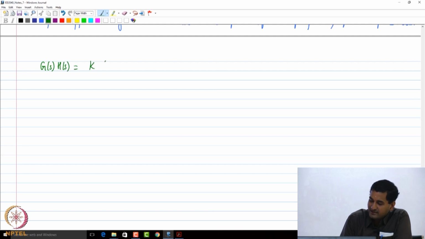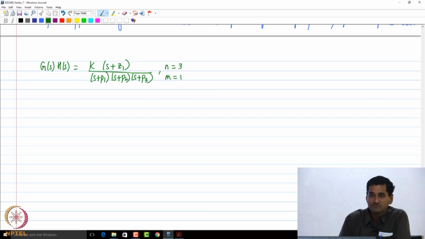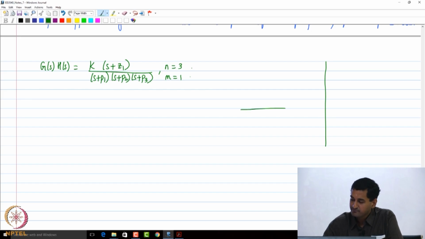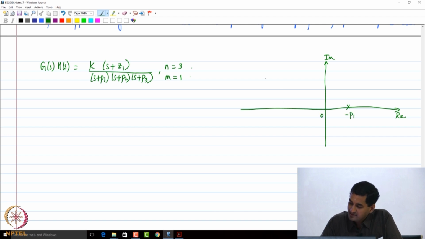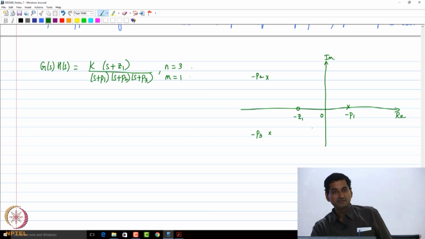Let us say I have a case where I have 3 open loop poles and 1 open loop zero, right? Let us say one open loop pole, minus P1, is here, and minus P2 and minus P3 are complex conjugate open loop poles, and let us say minus Z1, which is the zero, is a real zero.